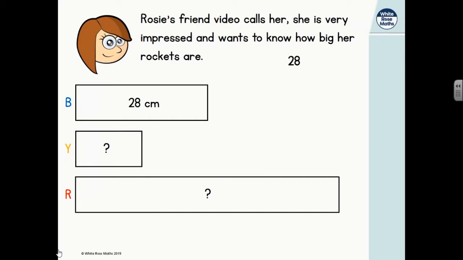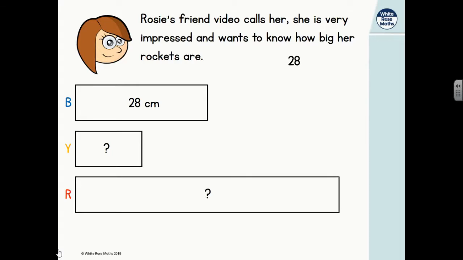I think doubling is easier than halving, so I'm going to do the doubling side first. So we're scaling it up. It's twice as big, isn't it? So if the blue rocket was 28 centimetres, I need 2 lots of 28. So I could do 28 and 28.